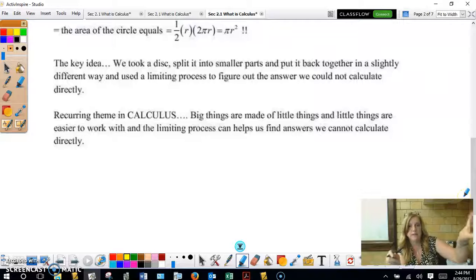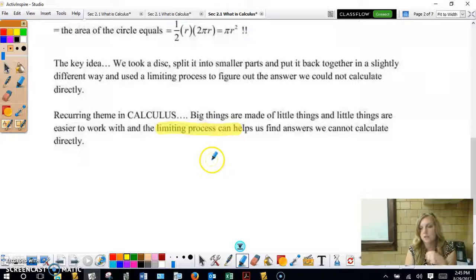So we kind of went from exact, fudging it a little bit, and then back into exact. And that's the pattern that we're going to follow with a lot of our calculus problems. Big things are made of little things that are easier to work with, and then the limiting process helps us find the answers we could not calculate directly.